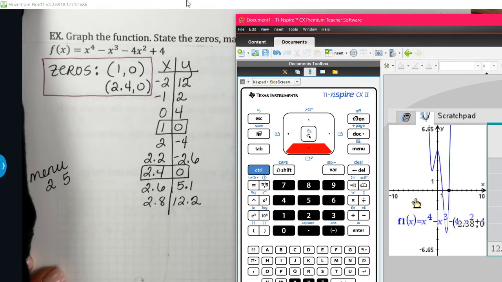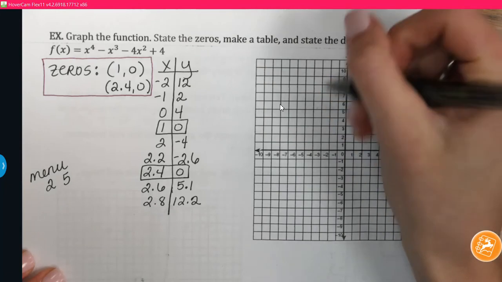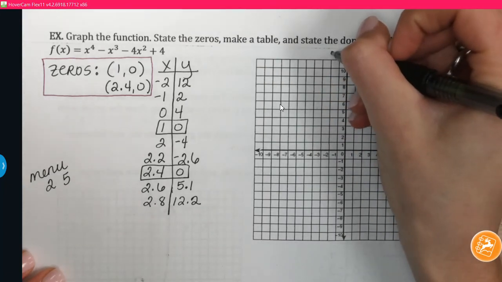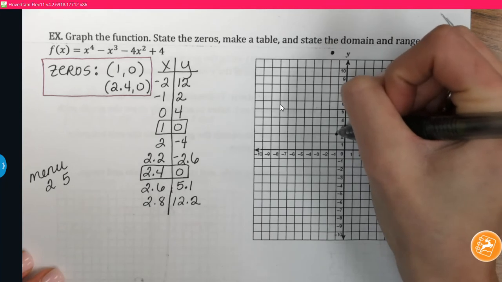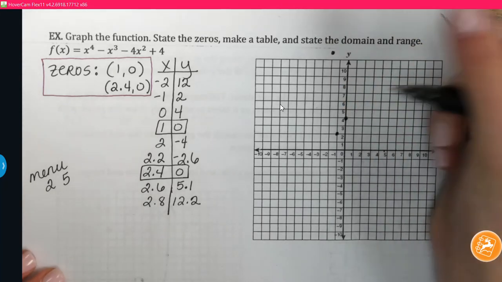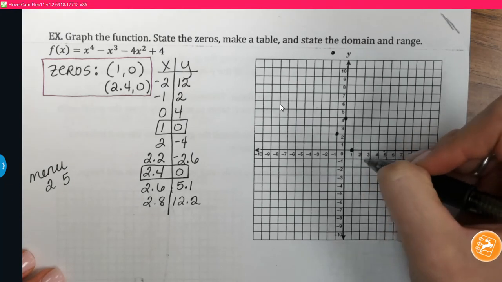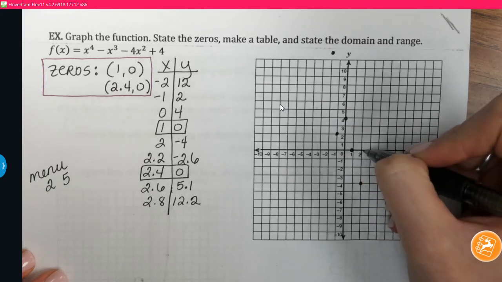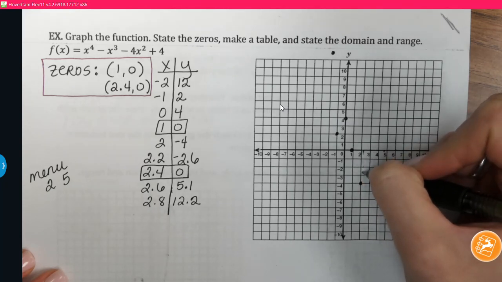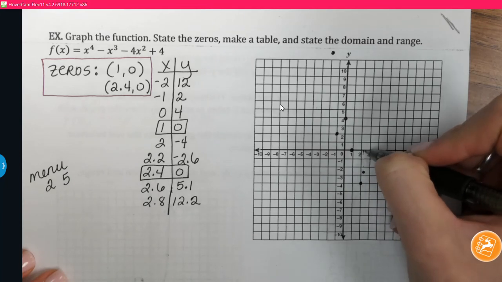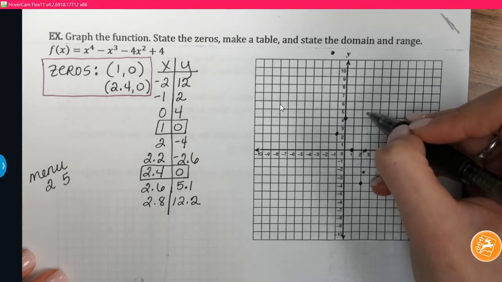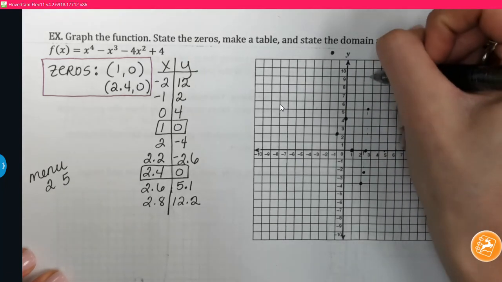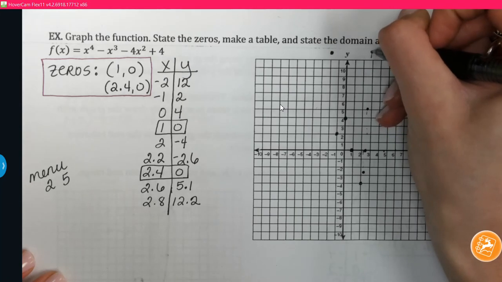So I'm going to look and plot the points. -2, 12 would be up here. -1, 4, 0, 4, 1, 0, 2, -4, 2.2, -2.6, 2.4, 0, 2.6, 5.1, and then 2.8 would be right at like 12.2.